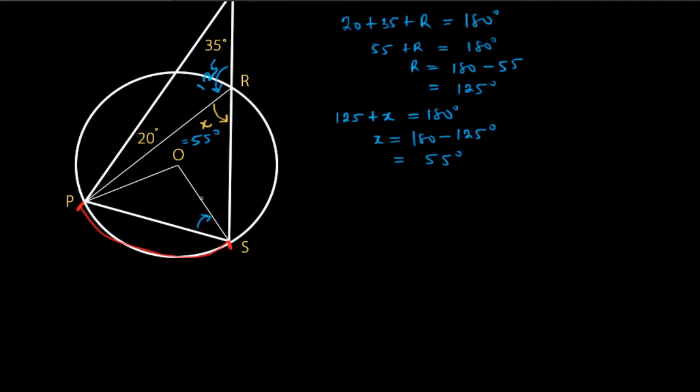The first angle arc PS subtends is this angle here at the center of the circle, and the other angle that this arc PS subtends is also this angle here at the circumference of the circle, as you can see. Based on the theorem I just showed you, whatever angle you have at this point here, what you're going to have here is 2 times what you have there. So this is just going to be 2 times 55, which is 110 degrees.